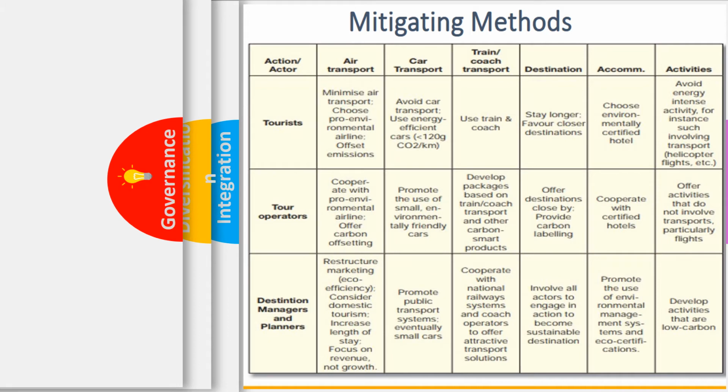You have the mitigating methods as well. The mitigating methods in tourism, in terms of how it does affect the air transport, car transport, train, coach, destination, accommodation, activities, tour operators and destination managers and planners.